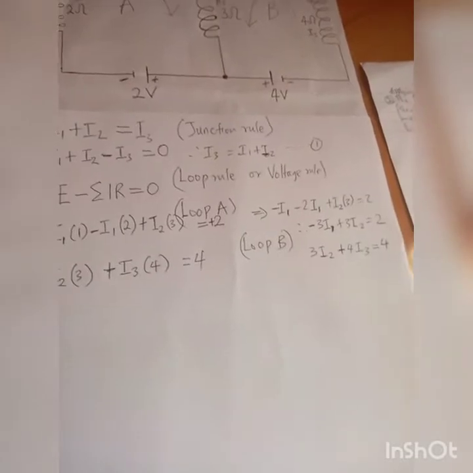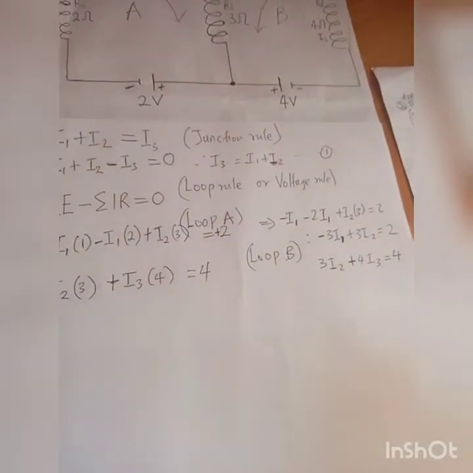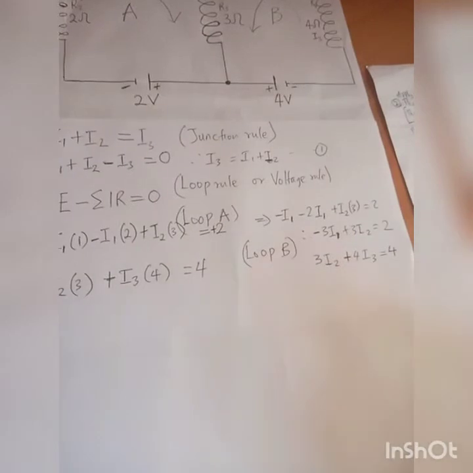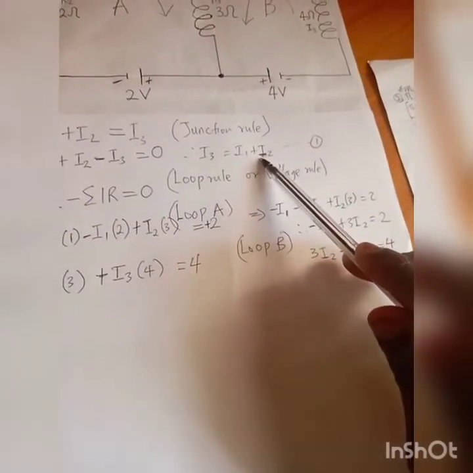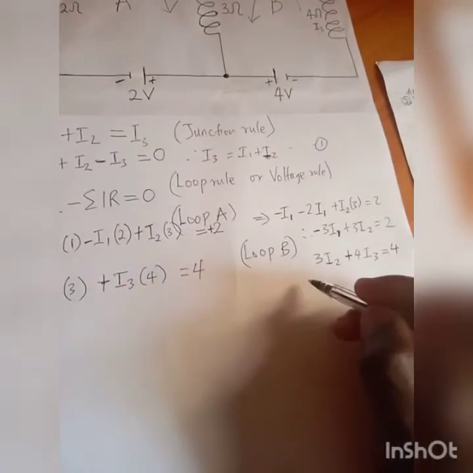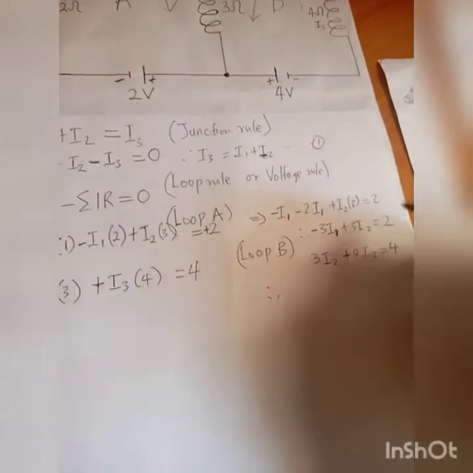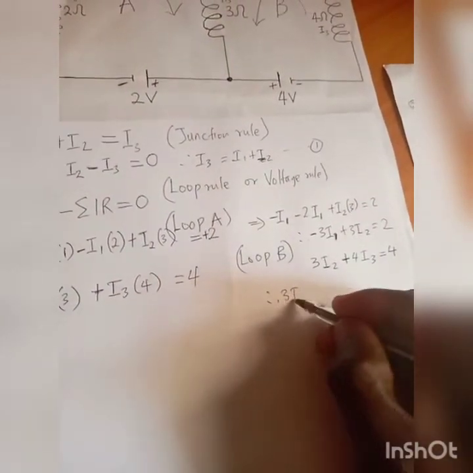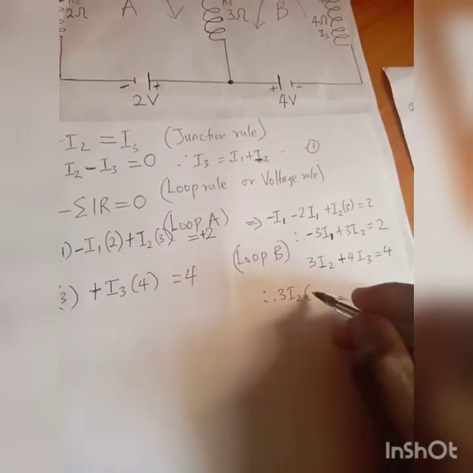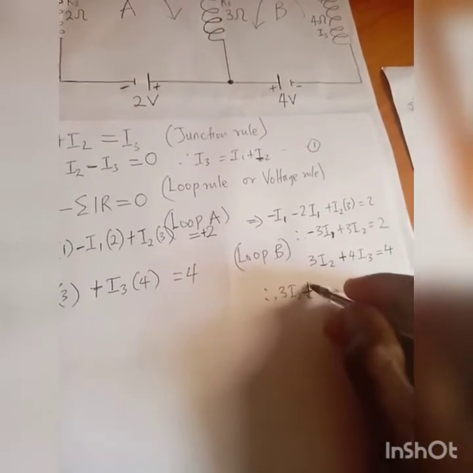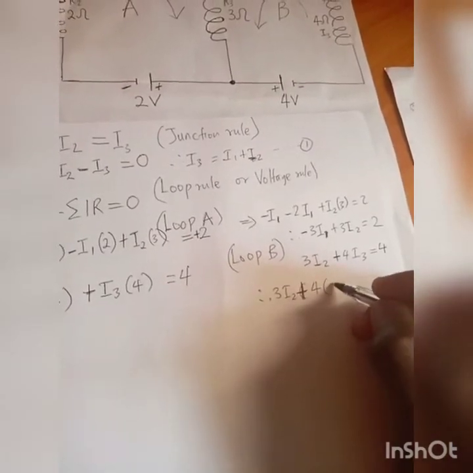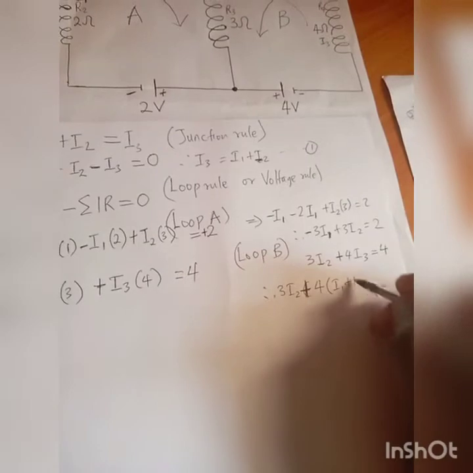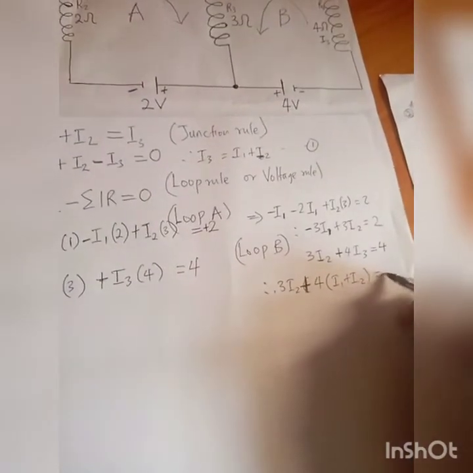So, we now say what is the equivalence of I3. I3 is this in equation 1. We'll carry it and put it here. That will be giving you, therefore, 3I2 plus 4 bracket I1 plus I2 equals to 4.